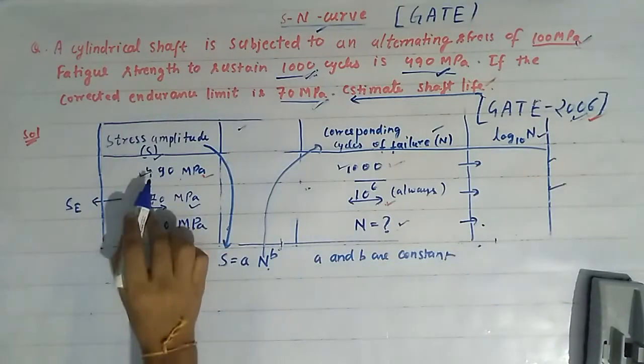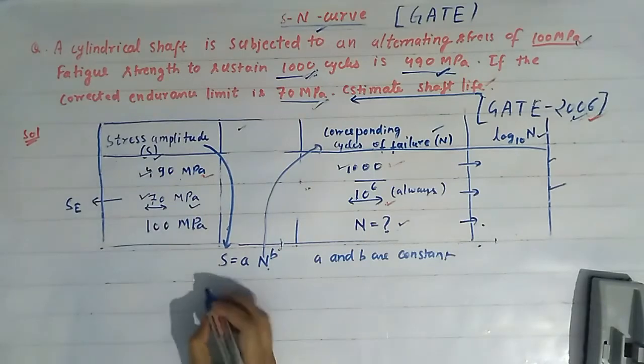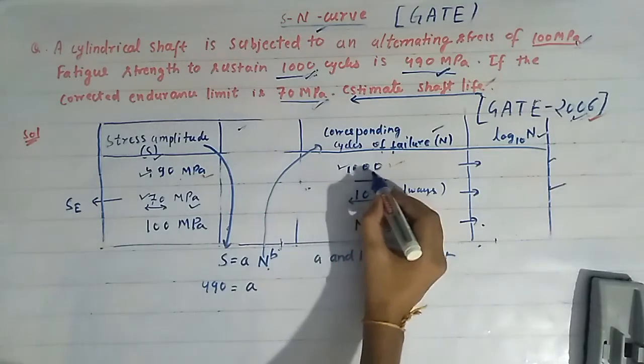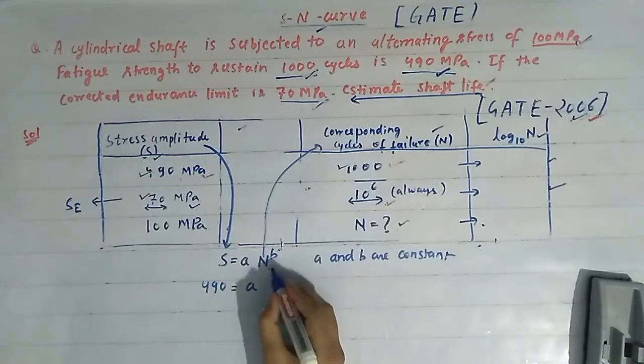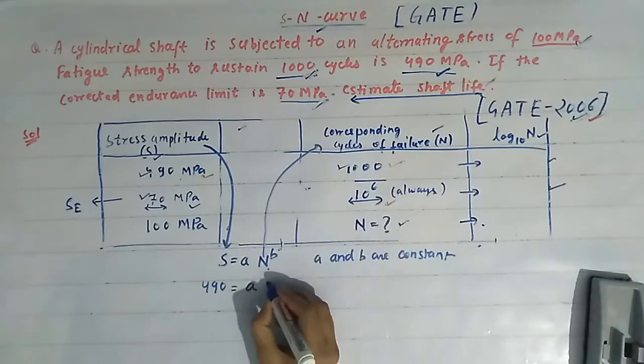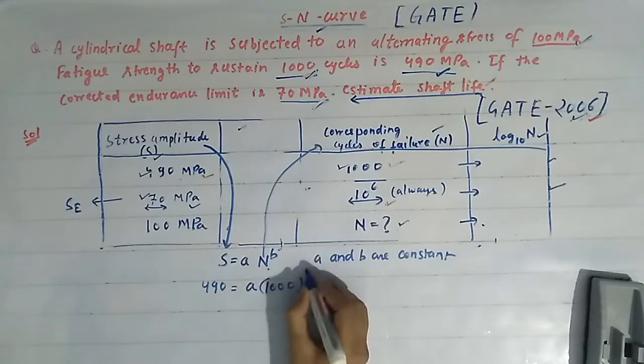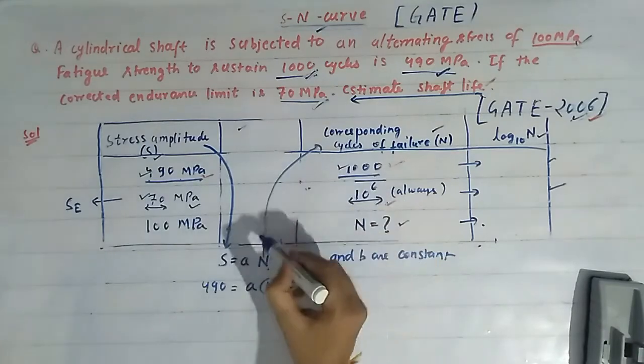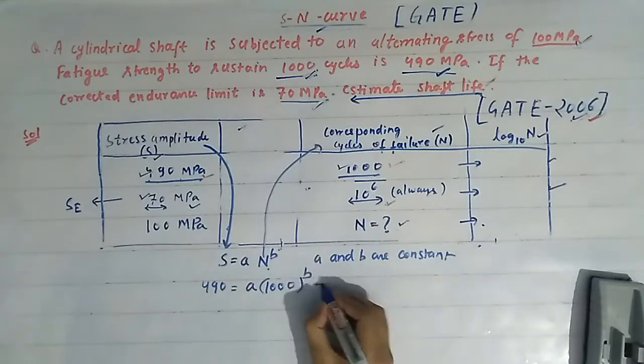In the first case, our stress amplitude is 490 and the number of cycles to failure is 10 raised to power 3, that is 1000 cycles. So I am writing 490 = A (1000)^B, putting these values in the equation, and this is equation number 1.